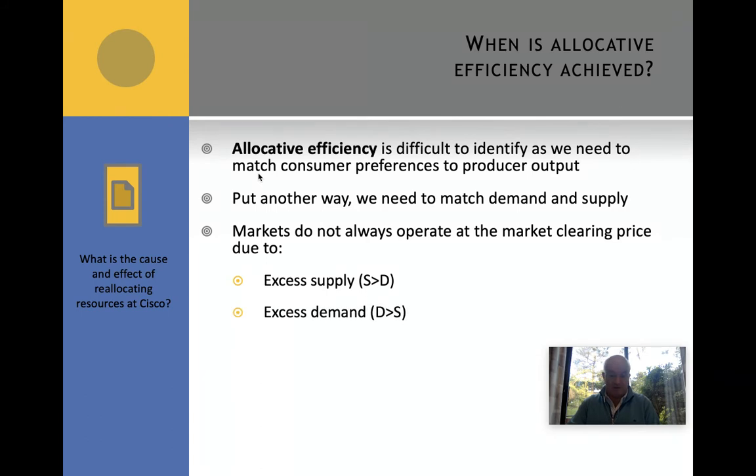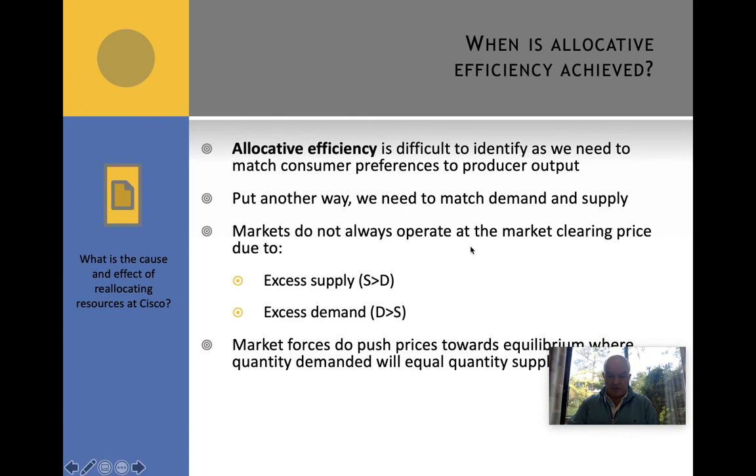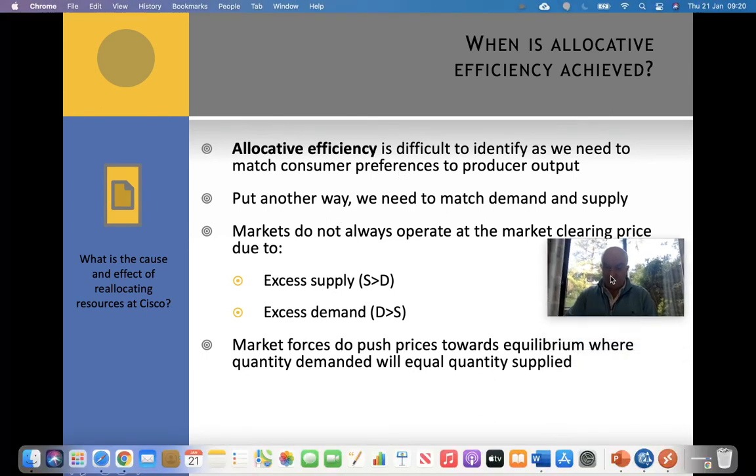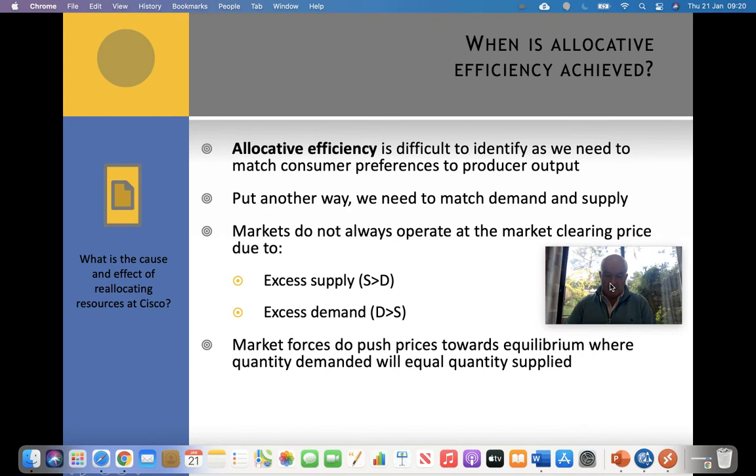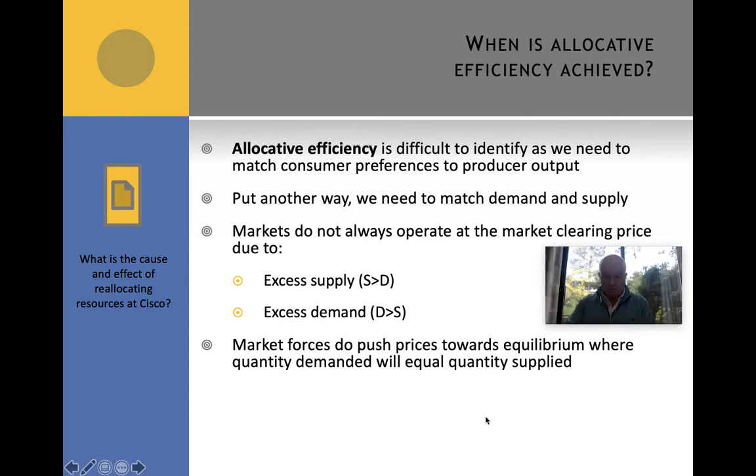It could be that we've got excess demand, so demand is outstripping supply. And again, that might mean that that's skewing the market clearing price, and that obviously can be an issue too. In essence, to some degree, market forces will always try to push prices towards a market equilibrium point at which the quantity demanded will equal the quantity supplied, but that doesn't always work out quite as maybe we would want it to.